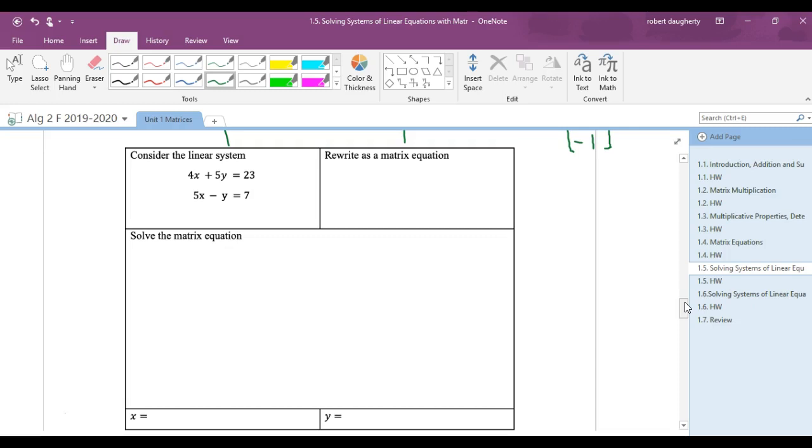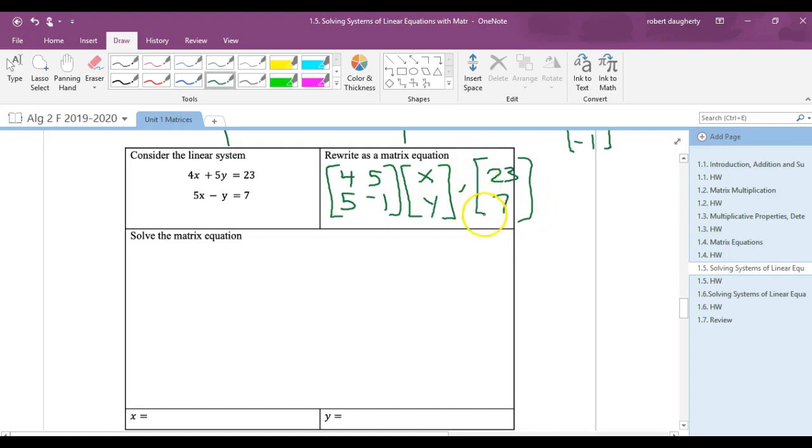Let's do a couple more, then I think I can turn you loose on this one for the day. Matrix equation. So to write it as a matrix equation, first you extract what? All the coefficients, 4 and 5, 5 and negative 1. Then you have your variables, x, y, and 23, 7.